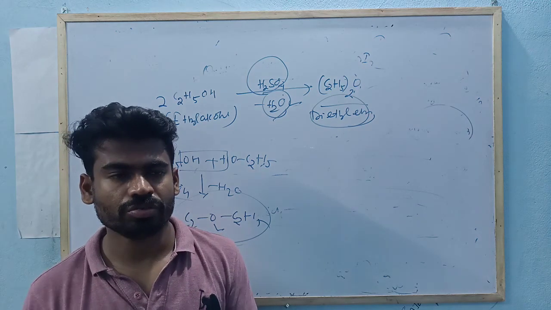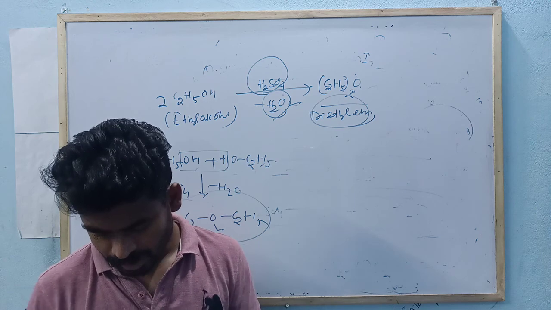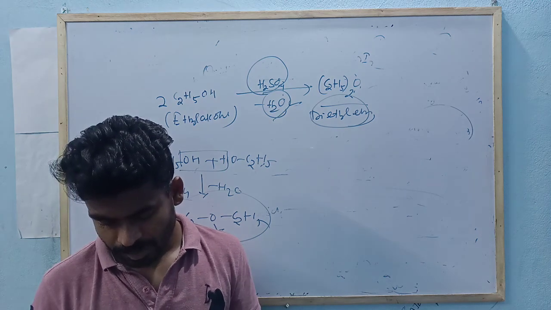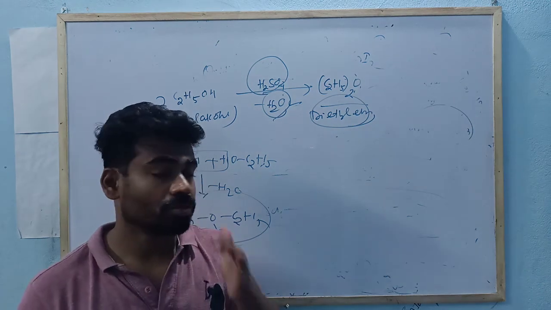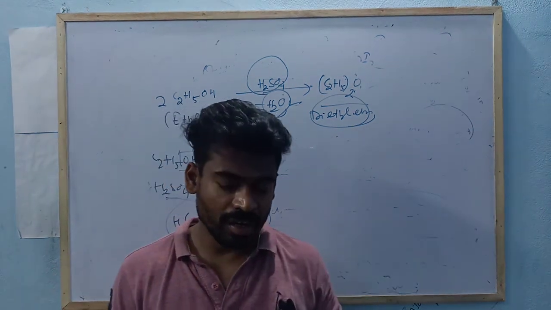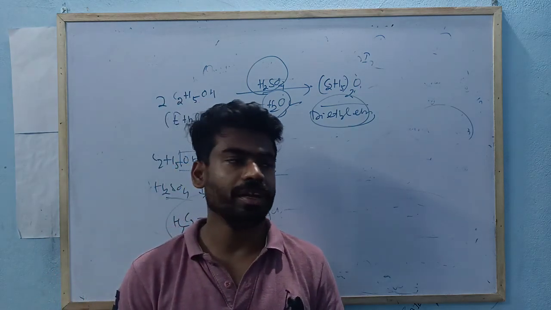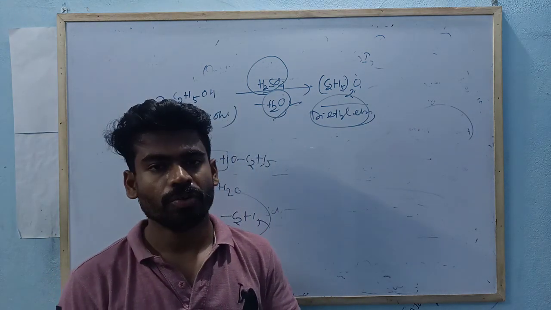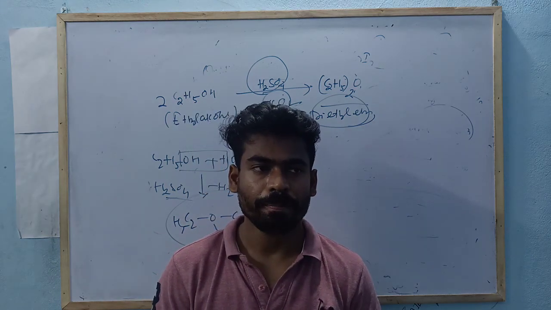It is also used in the refining of petroleum, and in manufacturing pads, pigments and storage batteries. With this I will finish the chapter on the oxygen family, and next we shall discuss group 15 elements. Okay, thank you.